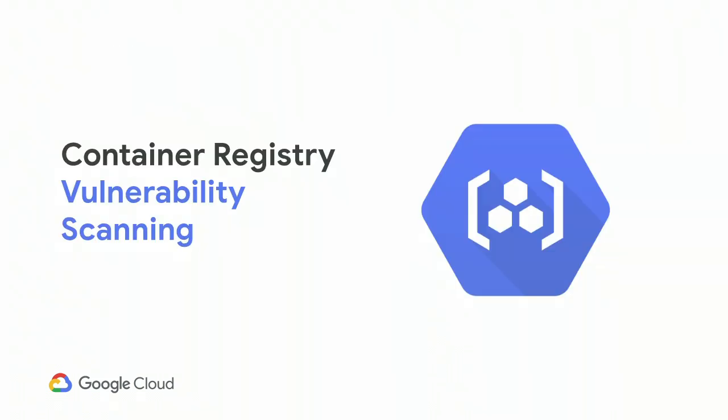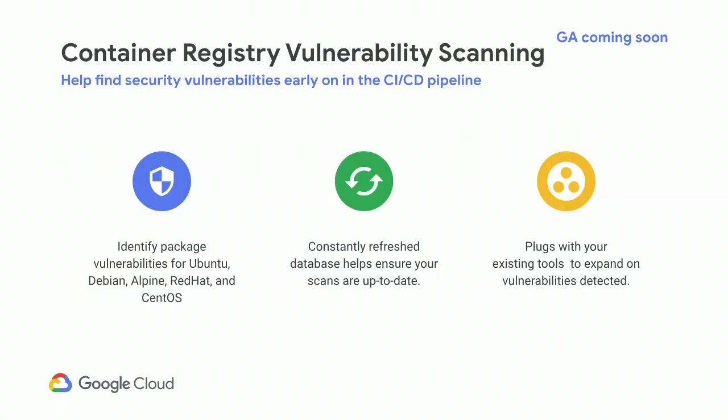Now, let's talk about Container Registry Vulnerability Scanning. Container Registry Vulnerability Scanning checks the images that you push to a registry for known security vulnerabilities. It supports scanning of images based on Ubuntu, Debian, Alpine, Red Hat, and CentOS.